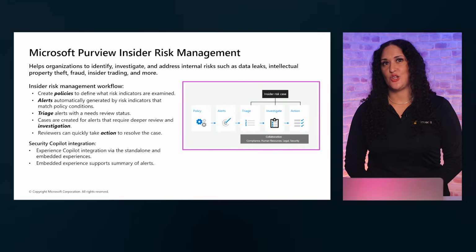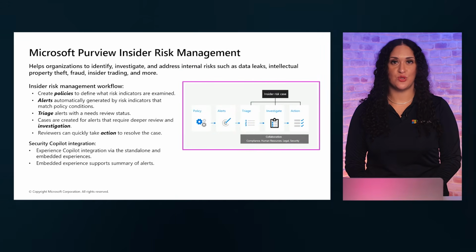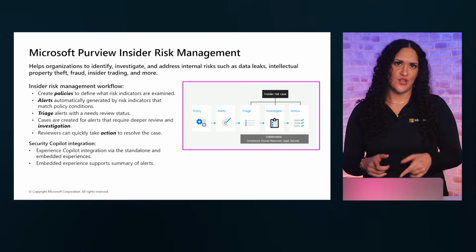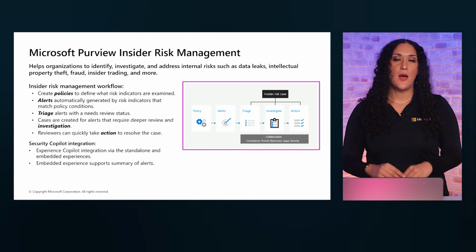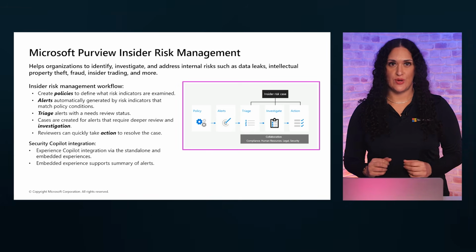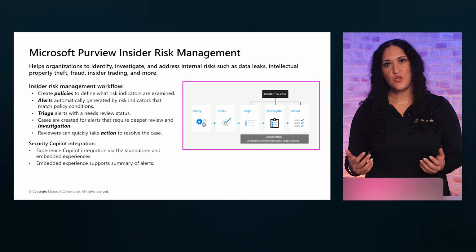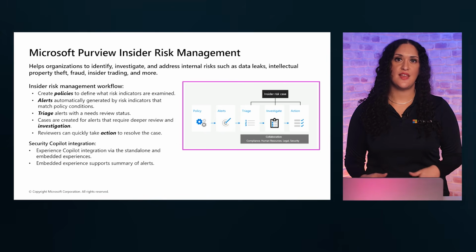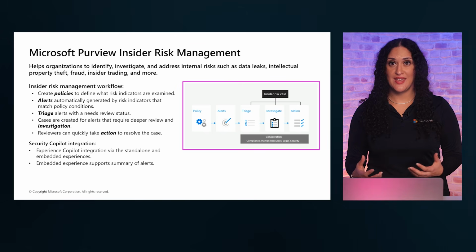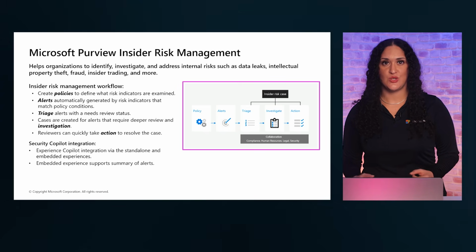After learning how data loss prevention helps stop sensitive information from leaving the organization, let's turn our attention inward to risks that come from within. Microsoft Purview Insider Risk Management helps organizations identify, investigate, and address internal risks, such as data leaks, intellectual property theft, fraud, insider trading, and regulatory violations.